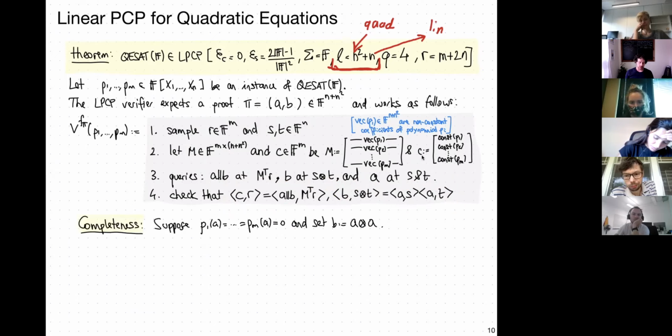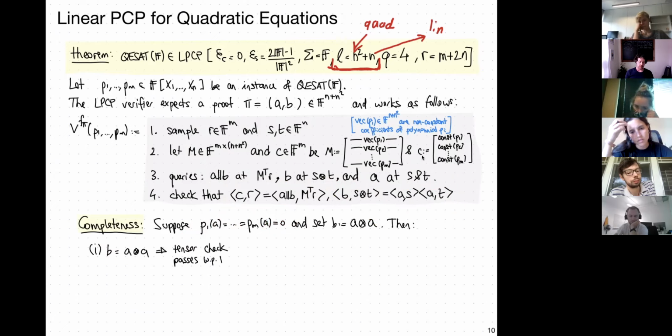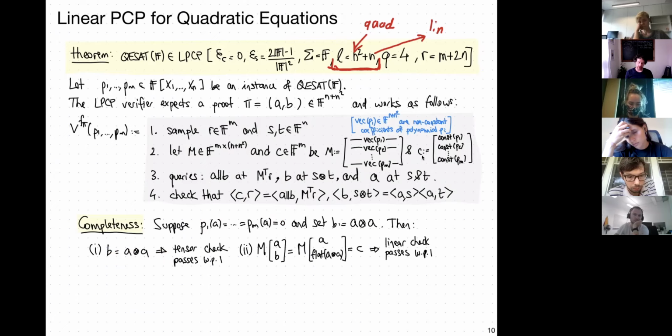And now completeness and soundness will follow in a straightforward way. Completeness: if everything is kosher, then we have these polynomials, all of them satisfiable by this A, and we set B to be the tensor of this satisfying assignment. Then the tensor check will pass with probability 1 because it is a tensor, and the linear check will pass with probability 1 because this is actually a satisfying assignment for this system.